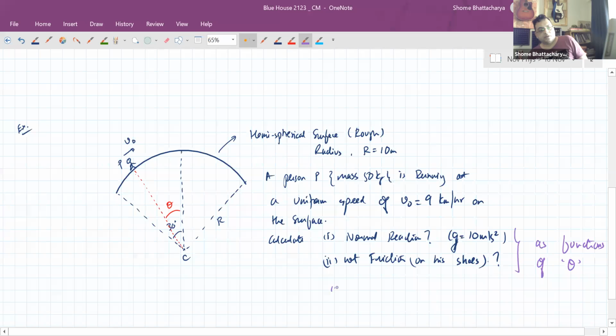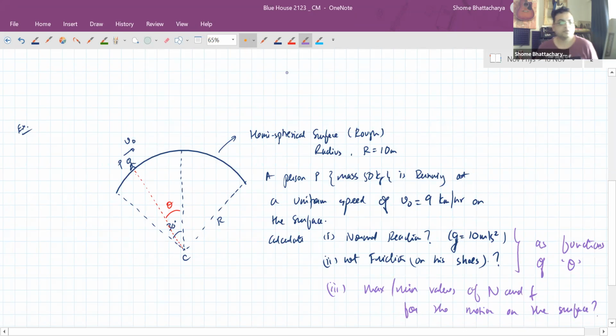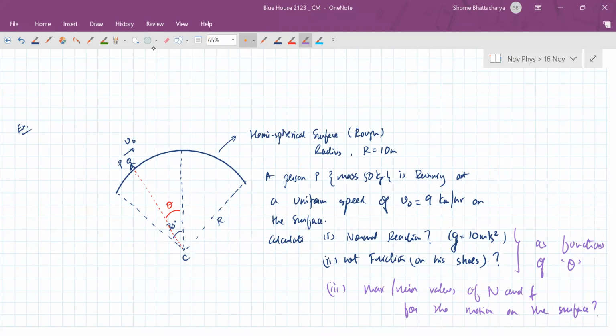And then the third part, calculate the maximum and minimum values of normal reaction and friction for the motion on the surface. So begin by making the free body diagram of the person. We'll discuss.